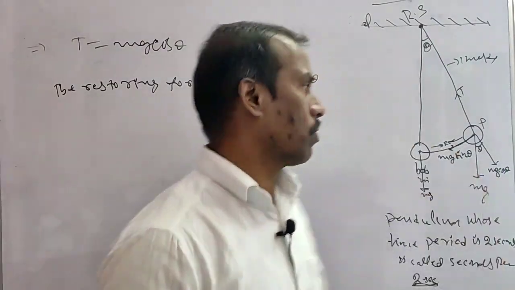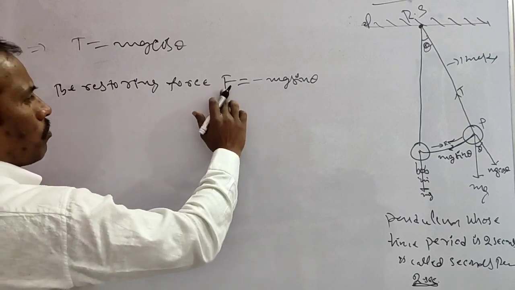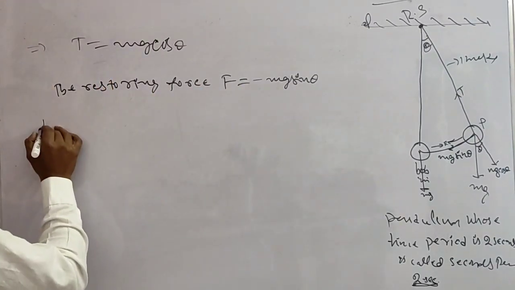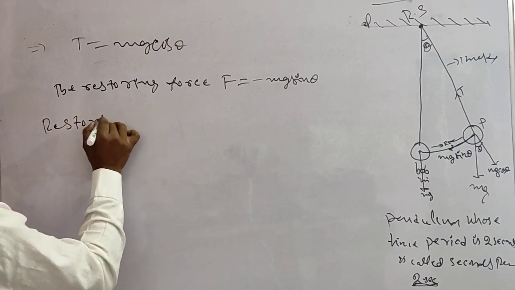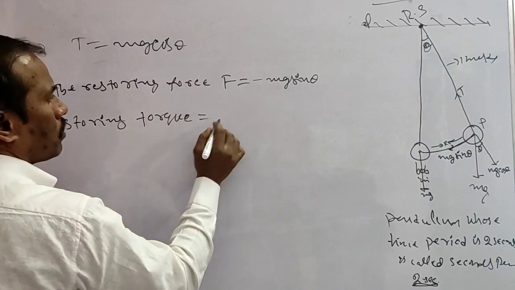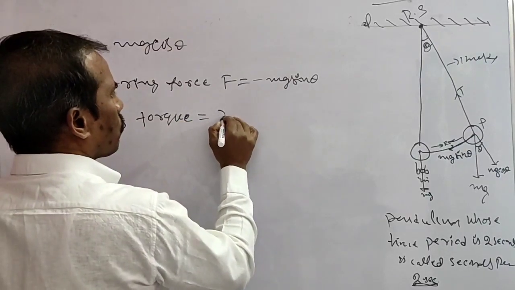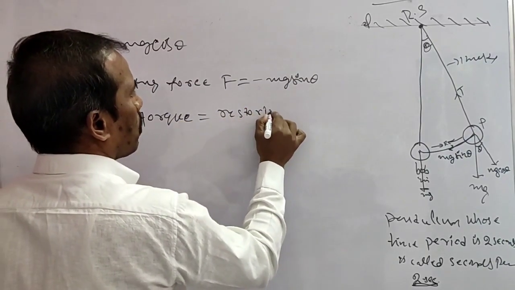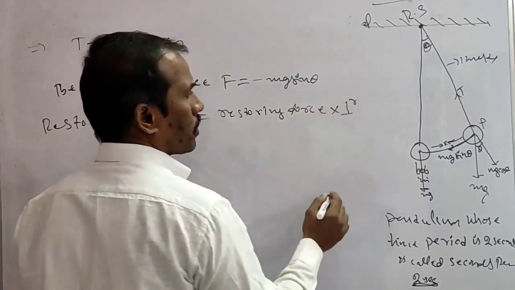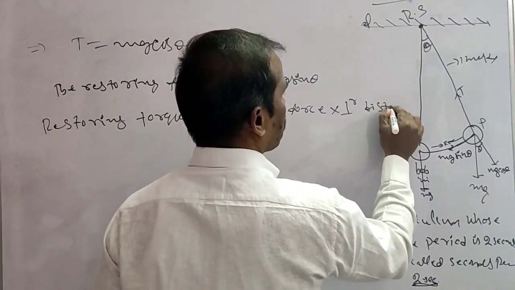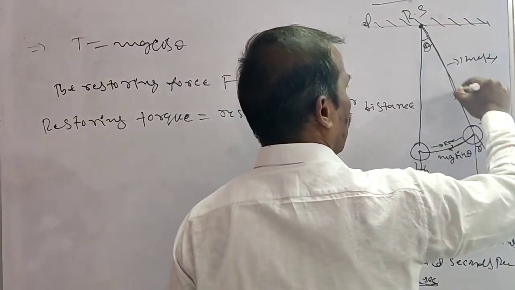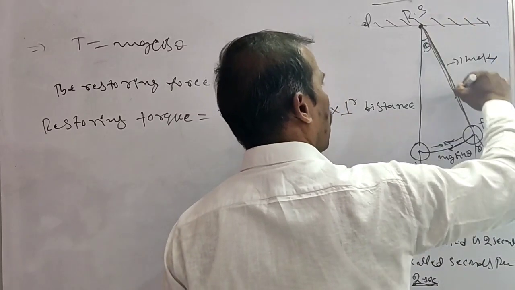So the restoring torque is equal to the restoring force into the perpendicular distance, which is the length of the pendulum.